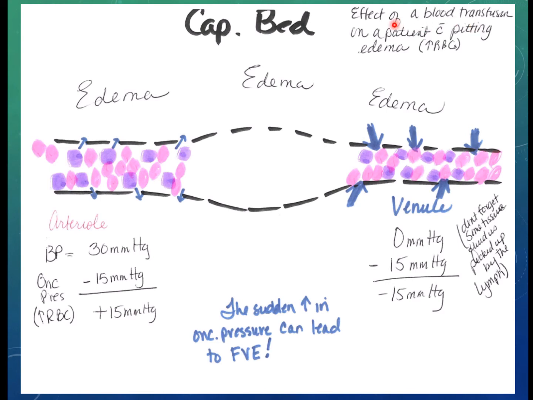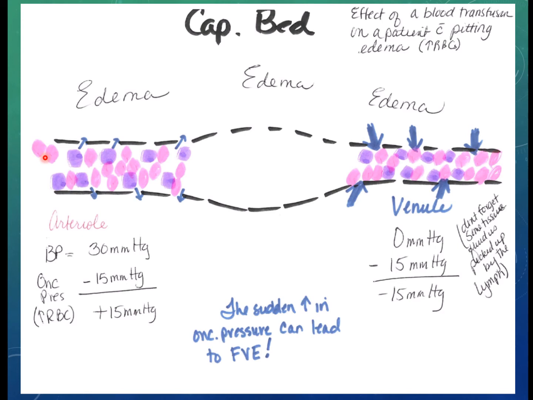So what we're looking at in this picture is the effect of a blood transfusion on a patient with pitting edema. And how you can tell too it's a blood transfusion, you notice you've got your purple, your protein. There's not quite as many of those, but right after a blood transfusion we should have a lot more red blood cells, right? So I've tried to draw some extra red blood cells in there.